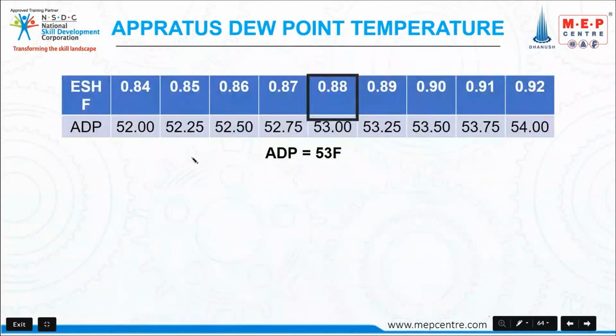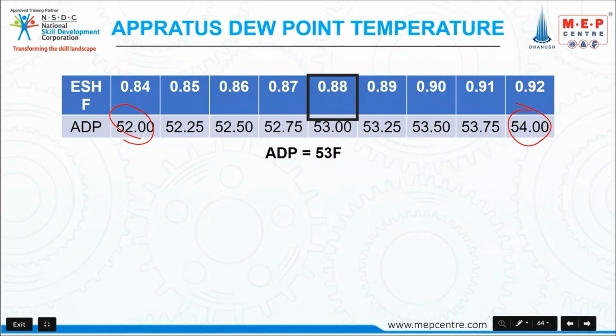So we make a table here: 0.84, 0.85, 0.86, 0.87, 0.88, 0.89, 0.90, 0.91, 0.92. For 84 it is 52. For 92 it is 54.